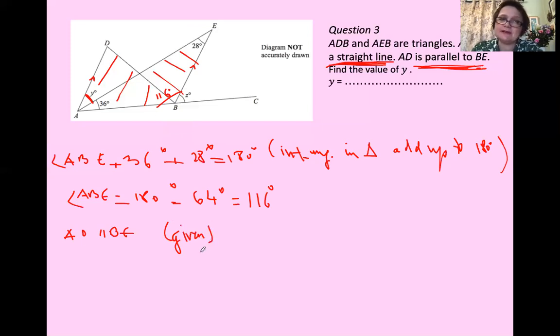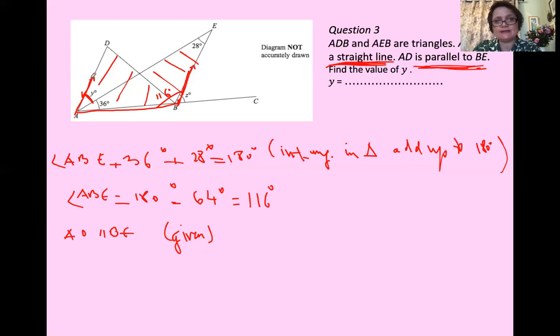So what does it mean? Now this angle here, ABE, and the whole angle DAB are what type of angles? Can you see where they sit?